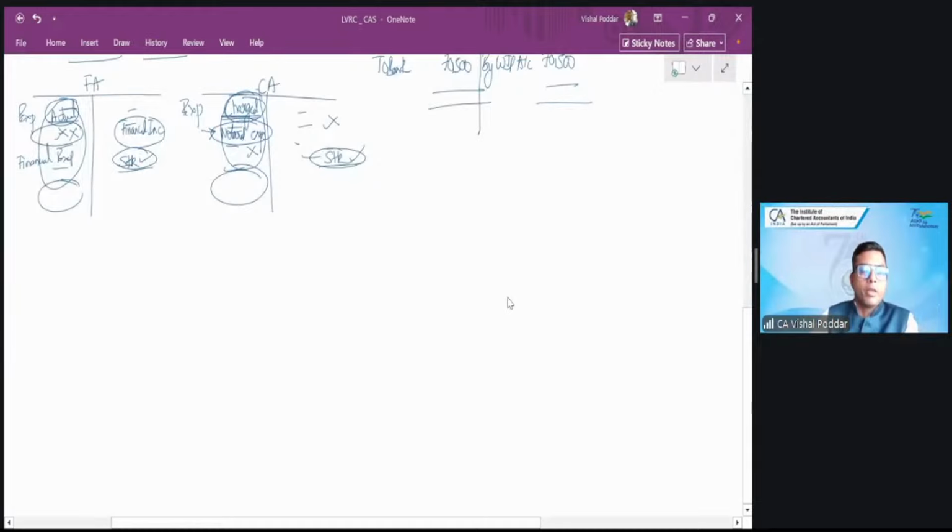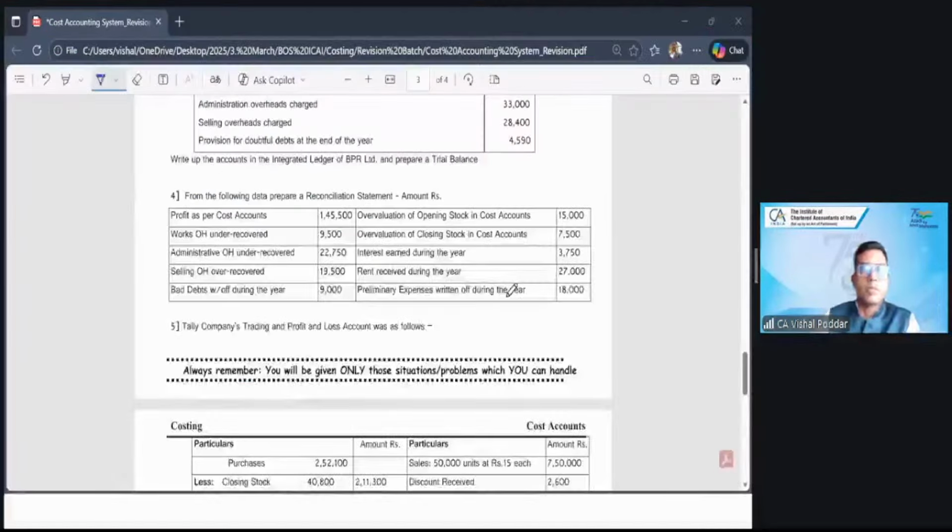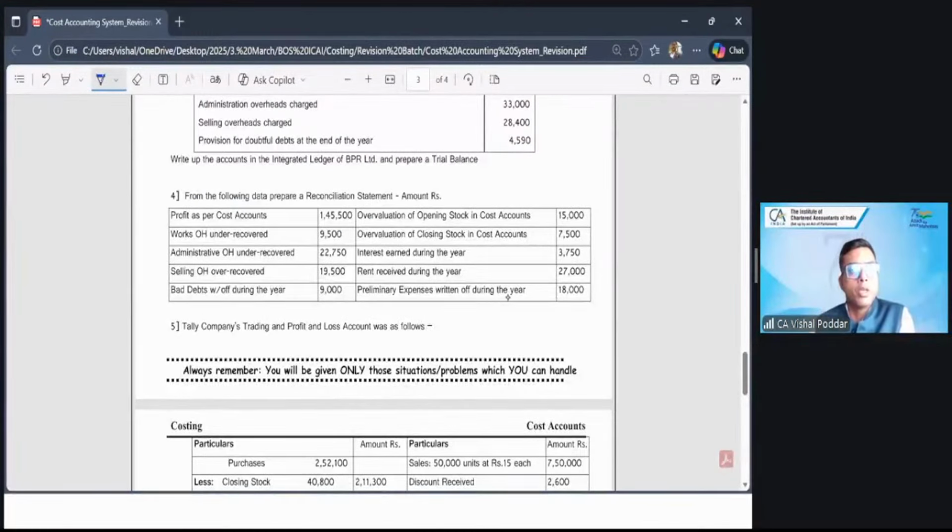Now, these are the reasons which create a difference between the two sets of accounts. What we are supposed to do in these sums is, generally you get this type of question where the differences are already identified and given. You are only required to do the reconciliation part, that is add or less.